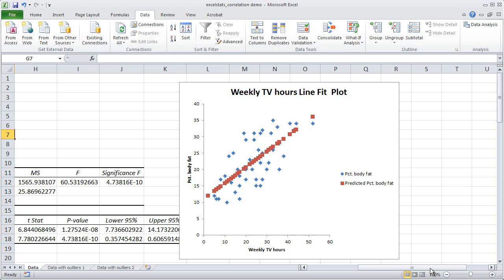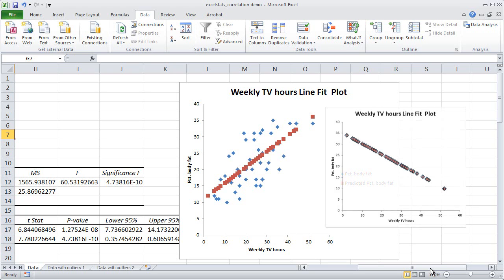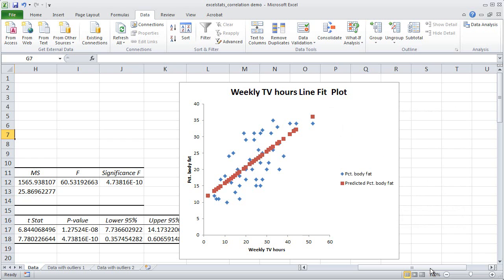An R of -1 would indicate that the red line, the trend line, is high on the left, low on the right, and that every one of those blue dots is lined up perfectly on the red line. In other words, there are no residuals, and you have a perfect negative correlation.